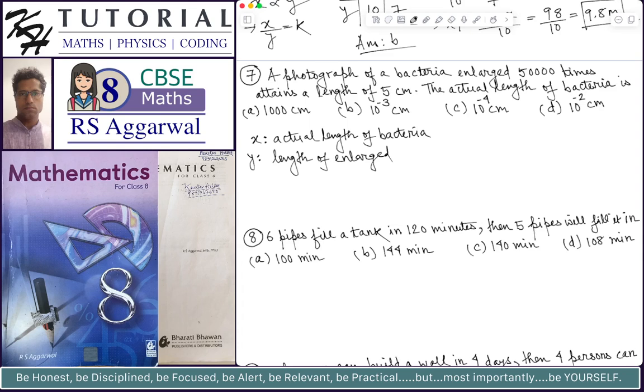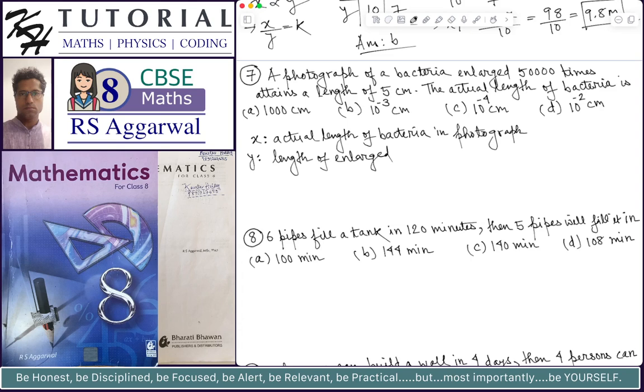Actual length of bacteria in photograph, let's say x, and y to be the enlarged length of the photograph of bacteria enlarged 50,000 times, which attains a length of 5 centimeter.